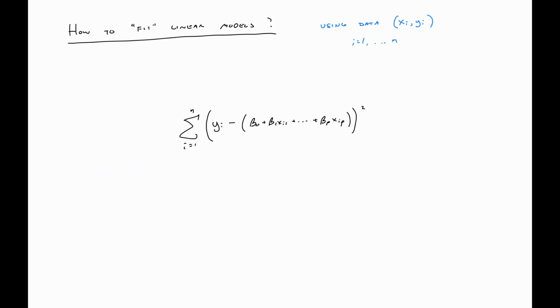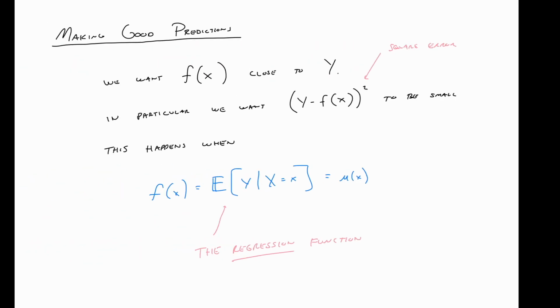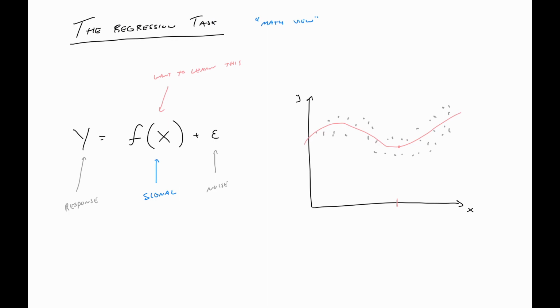Okay, so the question at this point is, how do we actually do that with data? That is, how do we go from this picture where we just have some data to this picture where we have this learned regression function?